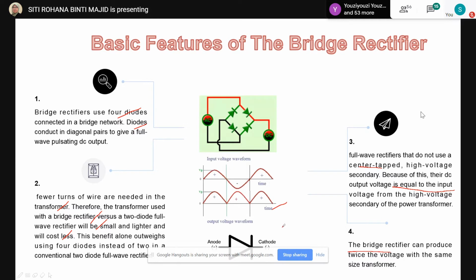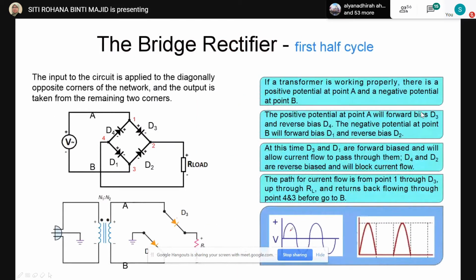And I also want to remind you about the symbol of the diode, in which we have the cathode and the anode, as shown in this slide. So we want to focus on the bridge rectifier. First of all, we look at the first half cycle for the bridge rectifier, in which we know that the input of the circuit is applied to the diagonally opposite corners of the network, and the output is taken from the remaining two corners.